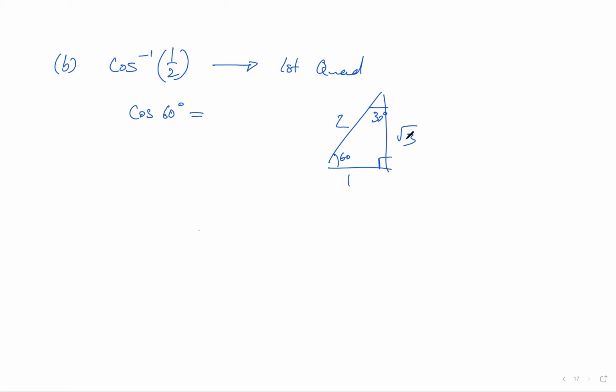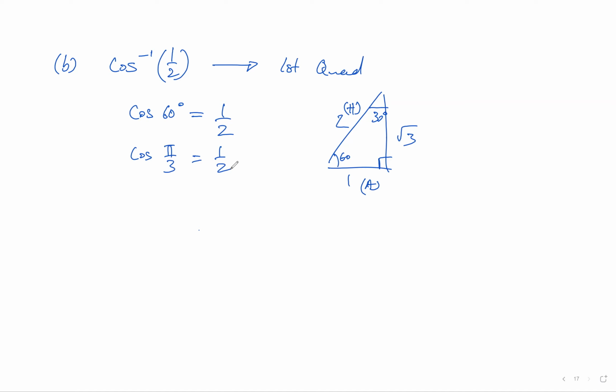What is cosine 60? Pi over 3. So this is confirmed, it's in the first quadrant.